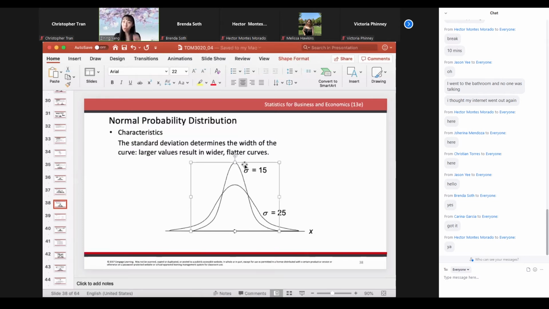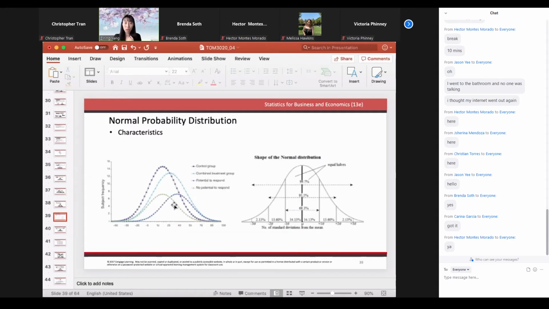So that's what standard deviation is measuring. And we can visually see that. We can observe that clearly just by looking at it. So that's something we need to be able to tell by observing a probability distribution. So that's the basic concept.